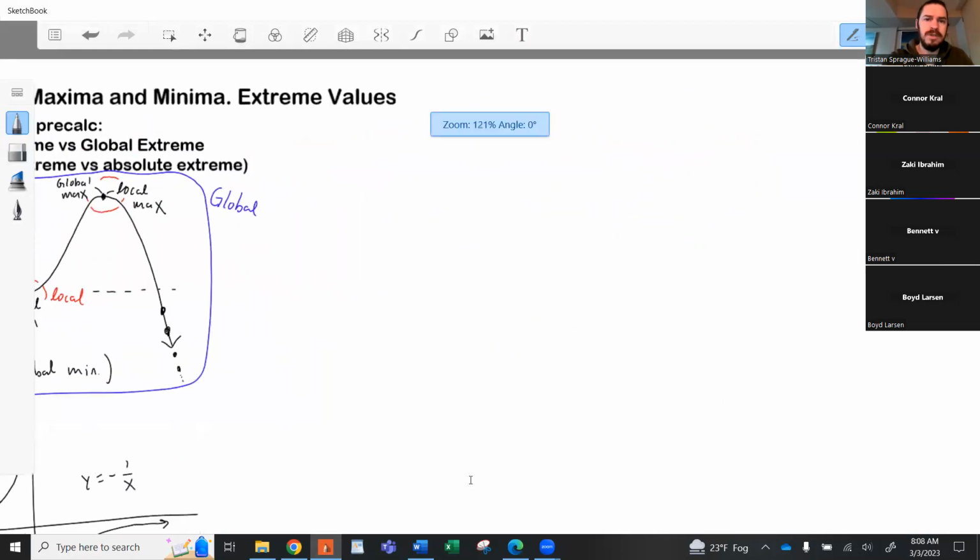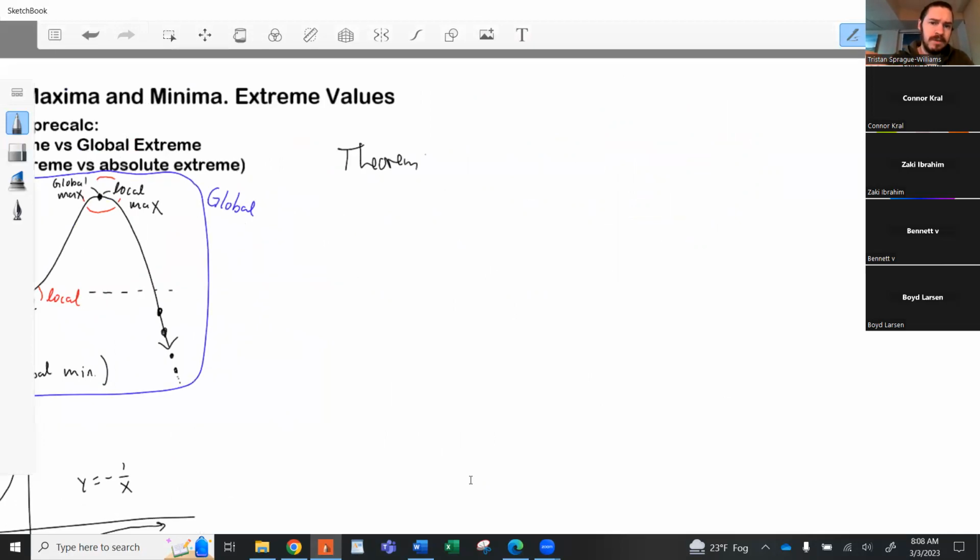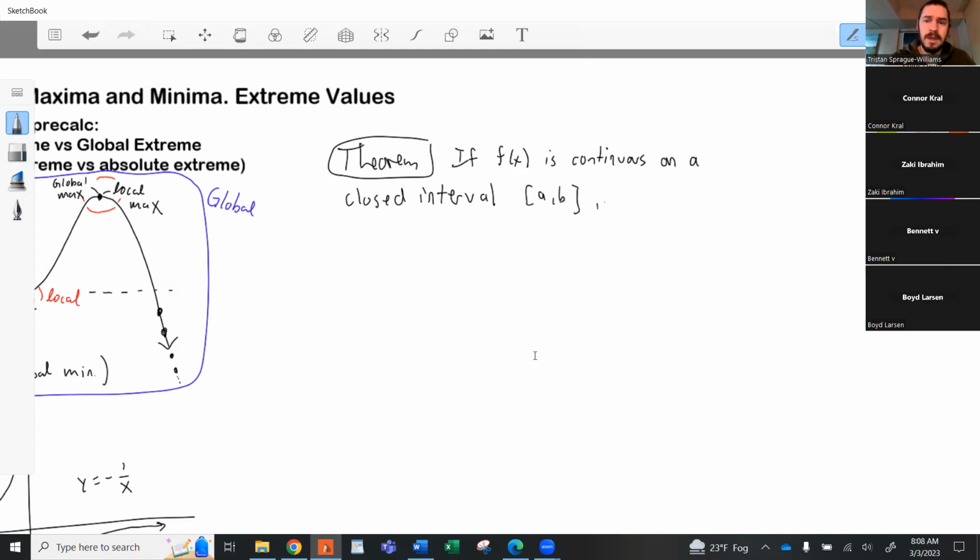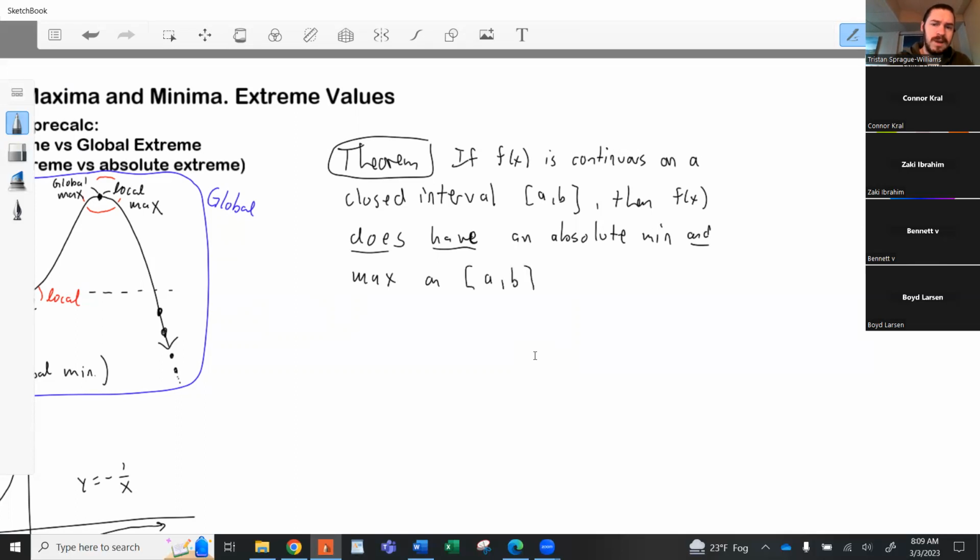However, there is a theorem that says this: if f of x is continuous on a closed interval a to b, closed interval, okay, then f of x does have an absolute minimum and maximum on that interval a to b somewhere.